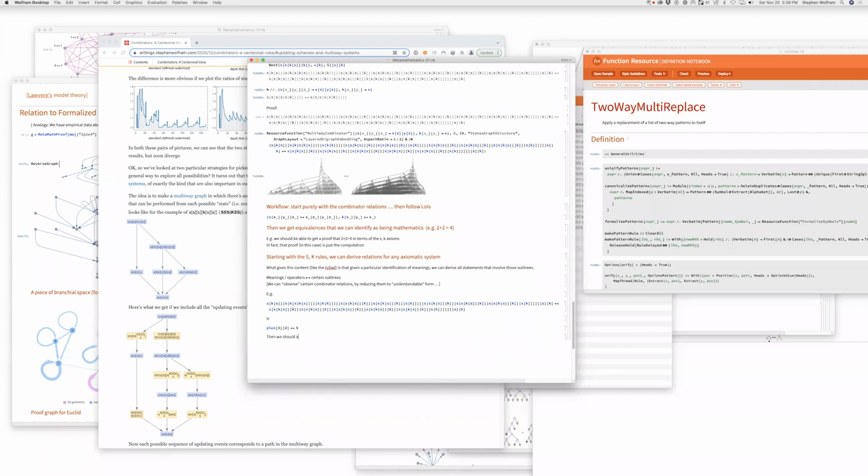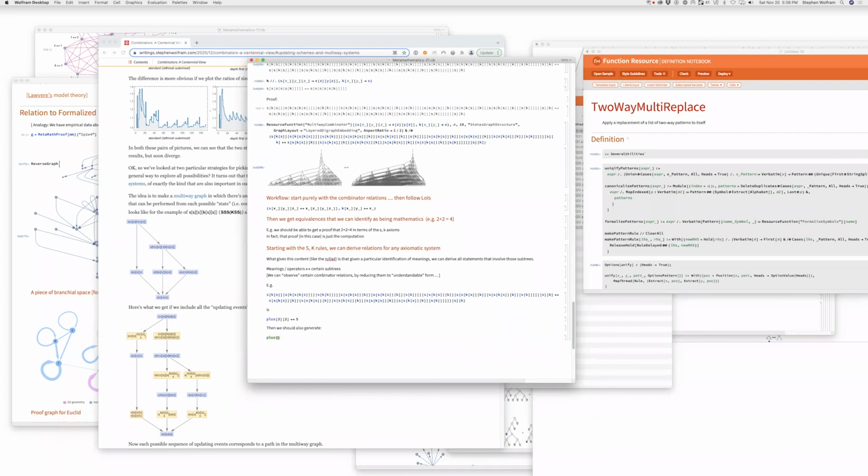we should also generate, for example, plus, well, using the exact same symbols, plus 3, 2 is equivalent to plus, actually, let me make this more complicated. 2, 3, 2 is equivalent to plus of 5, 2, or 2, 5, let's say 5, 2, whatever we want.